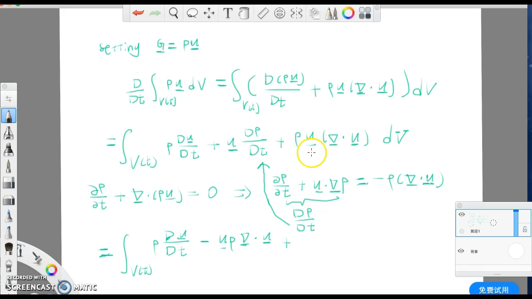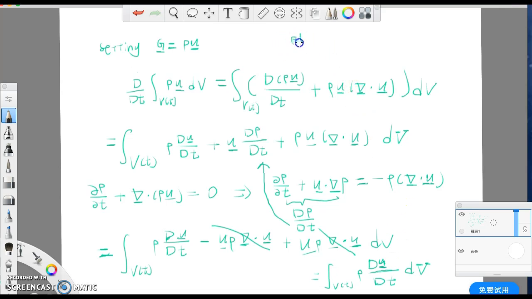Now plus here is also a u rho divergence of u. Now you will see where the convenience comes from, and this whole thing dV, you will find it's just rho Du by Dt dV.